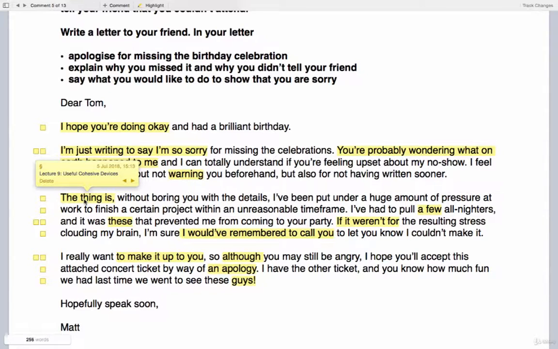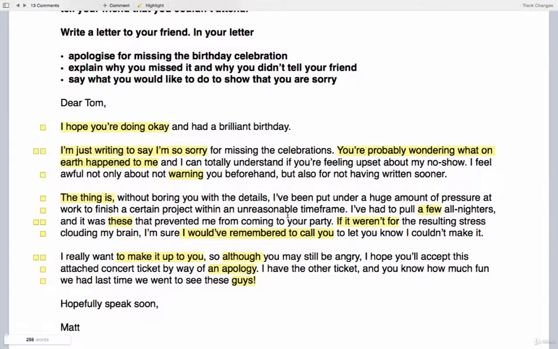It also introduces a thought using a particular expression. So a cohesive device will link ideas together in a very natural way, and you can learn about those in lecture 9. Again, you can see this informal language without boring you. I've been put under a huge amount of pressure. Okay, let's move on to the next sentence.